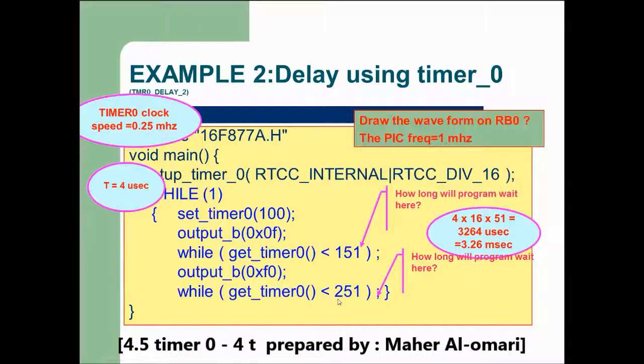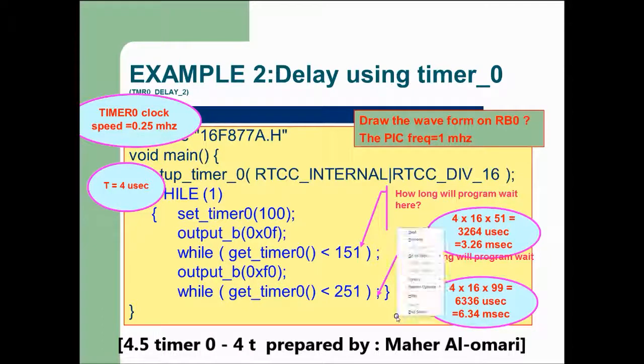This time is equal to 4, which is T, multiplied by the prescaler, multiplied by the number of counts that the timer took, which is 99 counts. Remember, it ended here with 151, and here it ends with 250, and that's 99 counts. And this gives me 6.34 milliseconds.